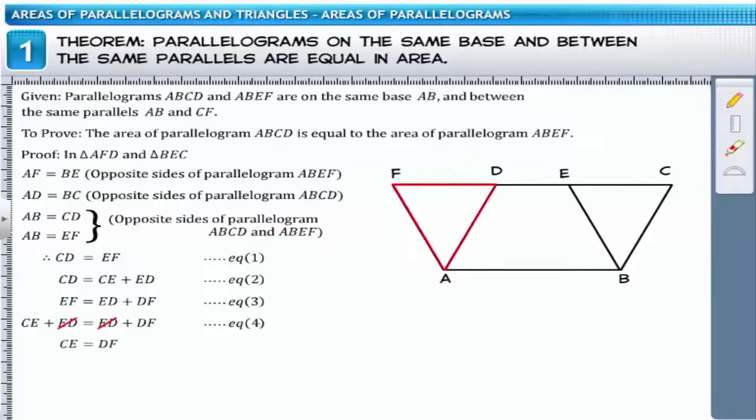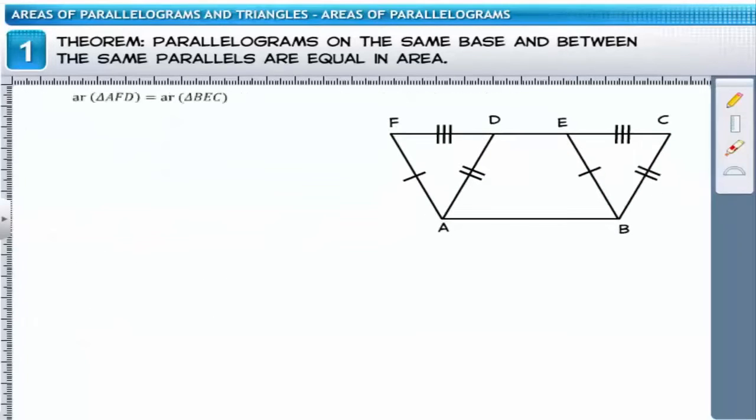In triangles AFD and BEC, we have AF equals BE, AD equals BC, and CE equals DF. Hence, by the SSS congruence rule, triangle AFD and triangle BEC are congruent. As the triangles are congruent, their areas are also equal.